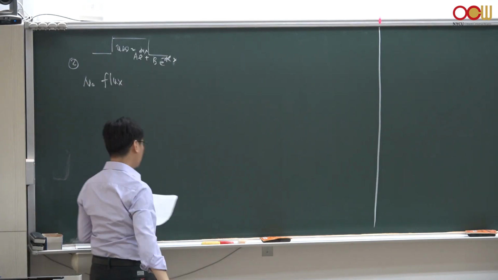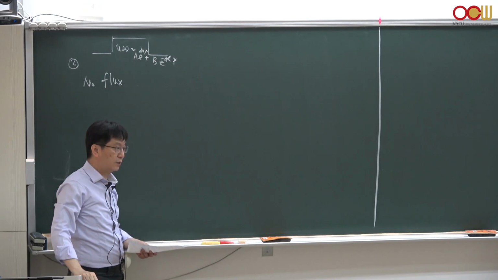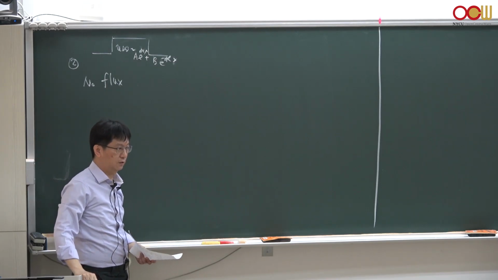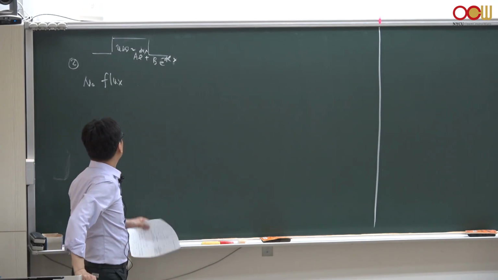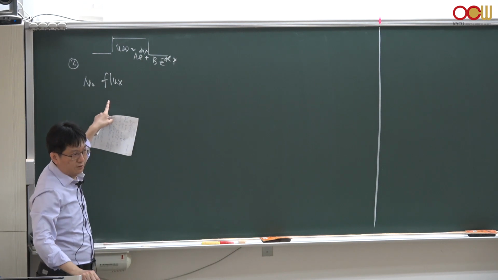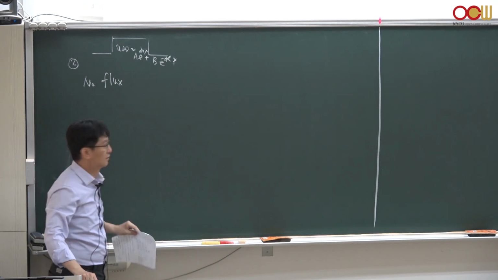So a much simpler argument to support that you cannot detect the particle inside the barrier, even if you know that mathematically the solution is finite, is that no flux can be detected.